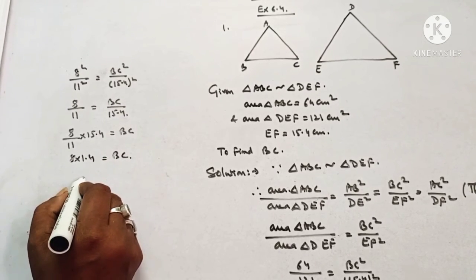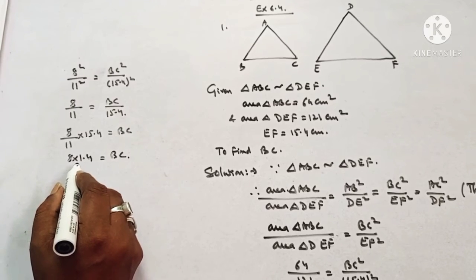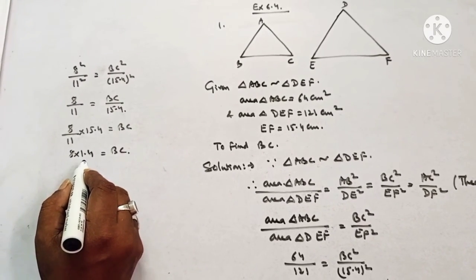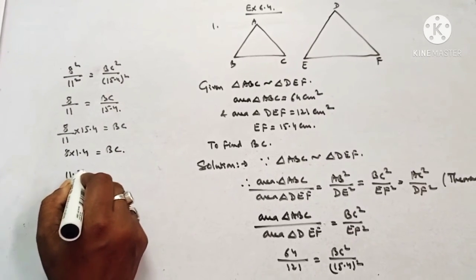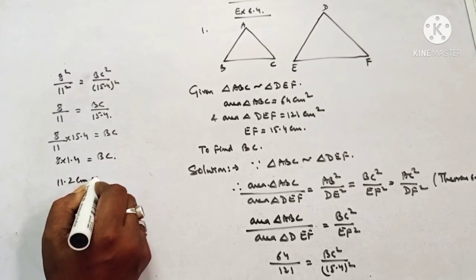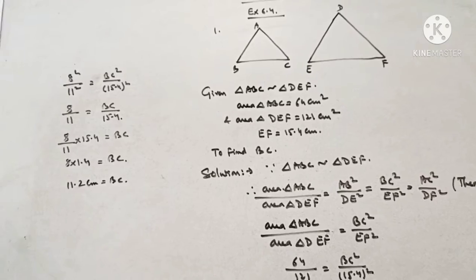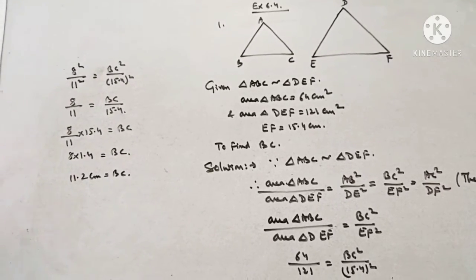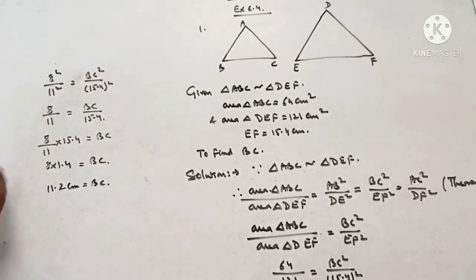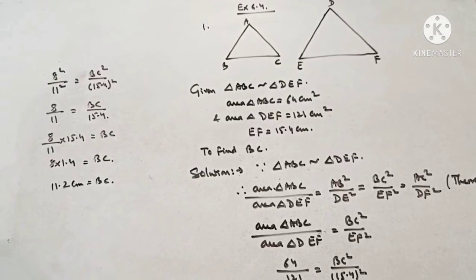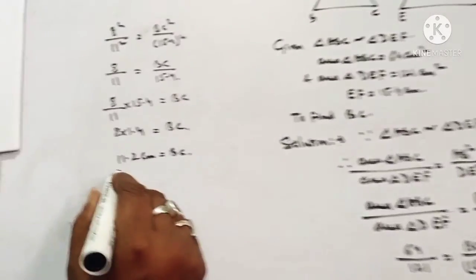So 4 8s are 32, 2 3s are... 8 into 1 is 8 plus 3, this will be 11. 11.2 centimeter is equal to BC. This is your answer. This is 6.4, question 1, 11.2, this is your answer.